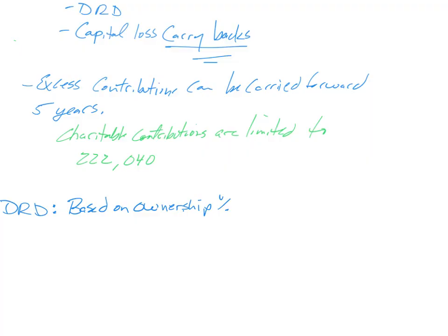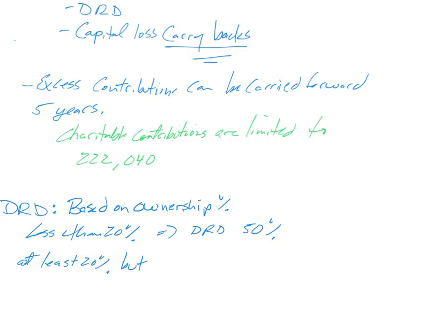All right, and the percentages lay out like this. If you have less than 20% ownership, then your dividends received deduction percentage is 50%. If you're at least 20, but less than 80% ownership, then your DRD is 65%.